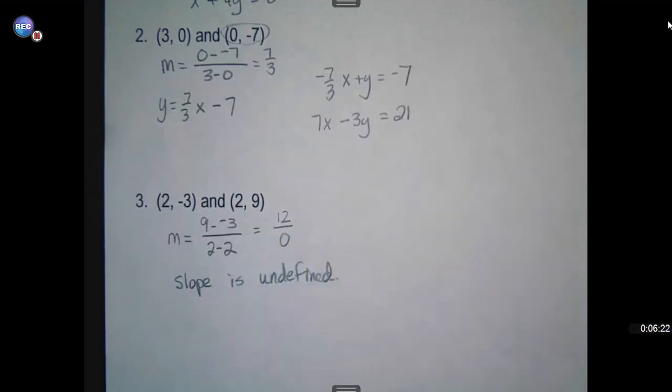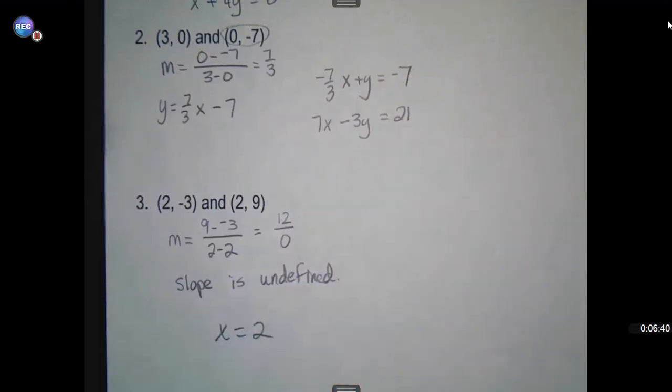And now I have to think, okay, what kind of line has a slope that's undefined? And the answer is a vertical line. And a vertical line is an x equals line. And so the equation of this line is x equals 2. And that's it.